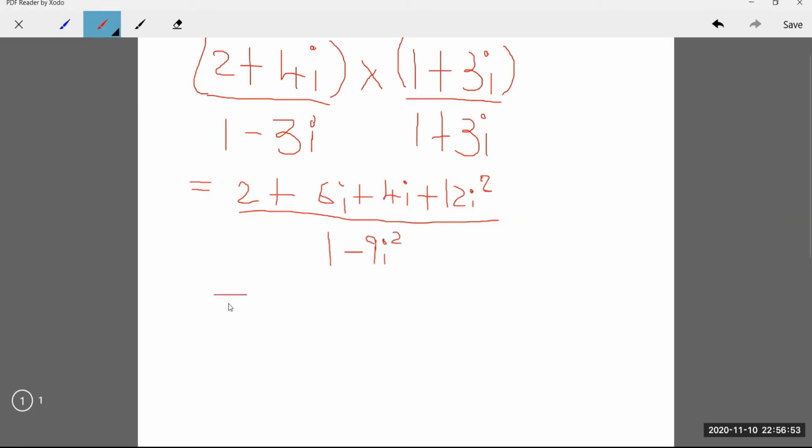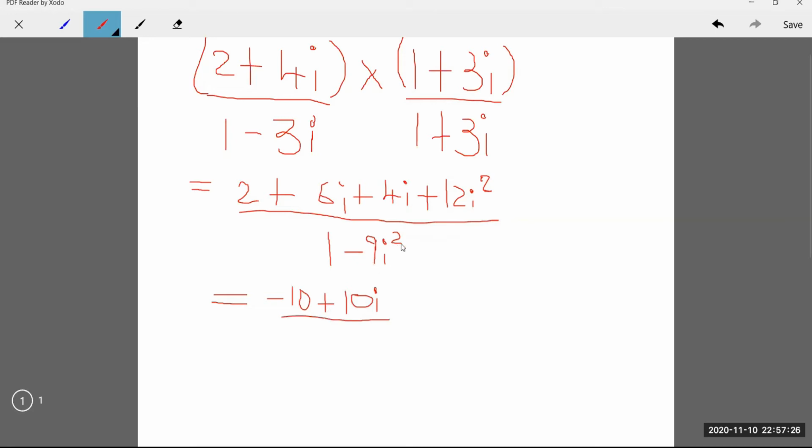The numerator has 12i squared. As we said, i squared is negative 1. And so we have 2 minus 12, that's negative 10. Then we have plus 6i plus 4i, that's 10i. So we're getting negative 10 plus 10i, divided by 1 minus 9i squared.